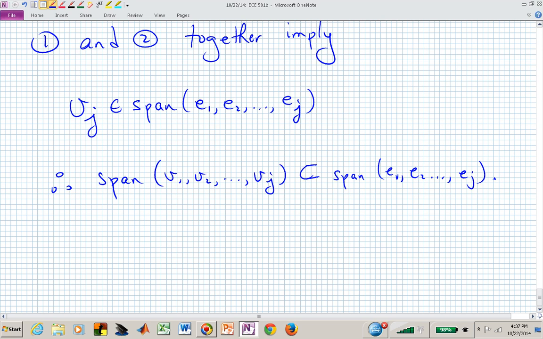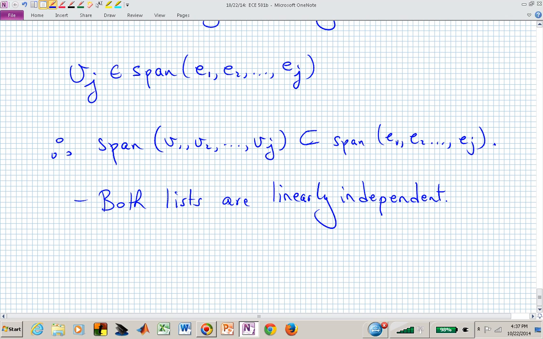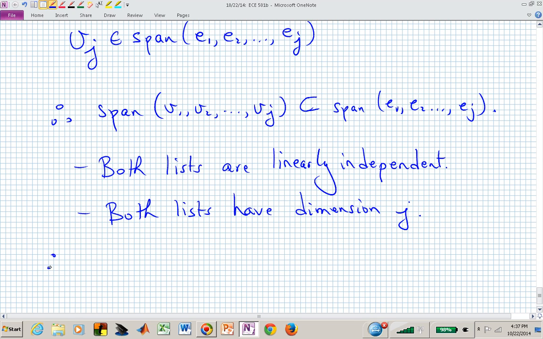Let me try to write that down. So both lists are linearly independent. Both lists have dimension j, and therefore the subspaces defined by those lists are the same.